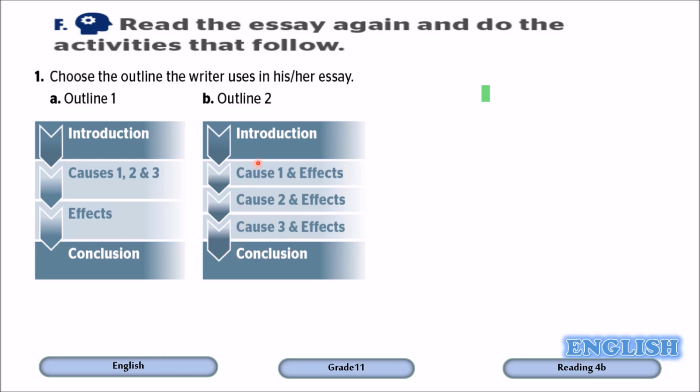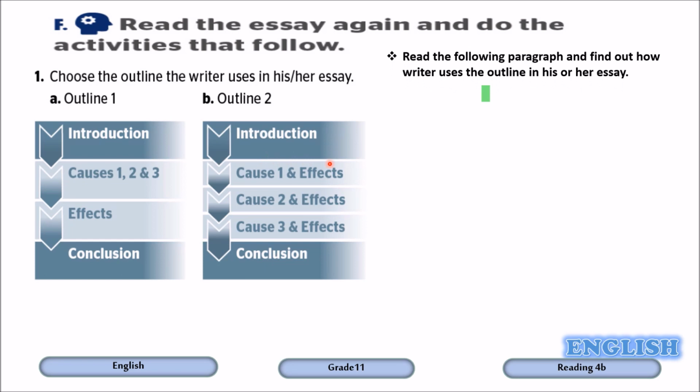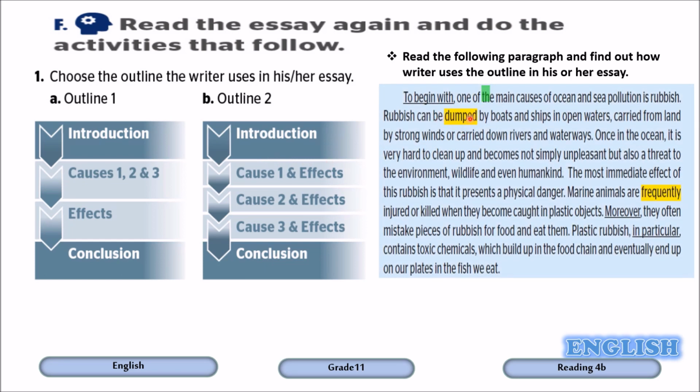Let's read this paragraph and find out. Look at the first paragraph. To begin with, one of the main what? Causes. And here we can find the causes. So in the same paragraph, he mentions the cause and its effects. This is the cause, right?